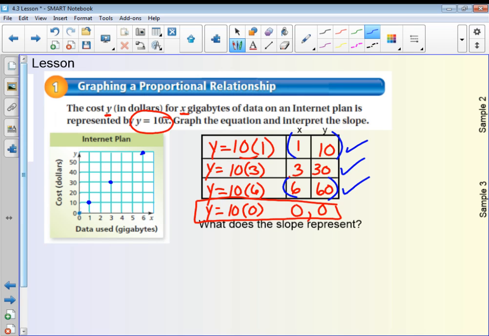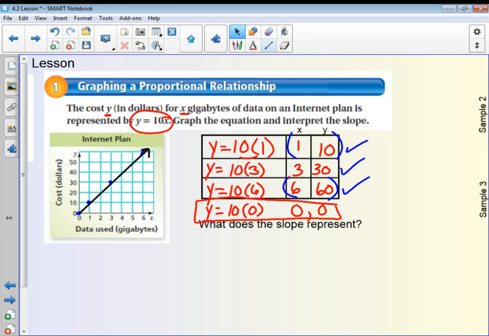And then I also had 0, 0, which happens to be plotted already right there. So I'm now going to check to make sure it's a straight line. And it is. And it would continue in that direction forever. If we were to continue using higher numbers, we could extend our graph. So there we've graphed the equation.